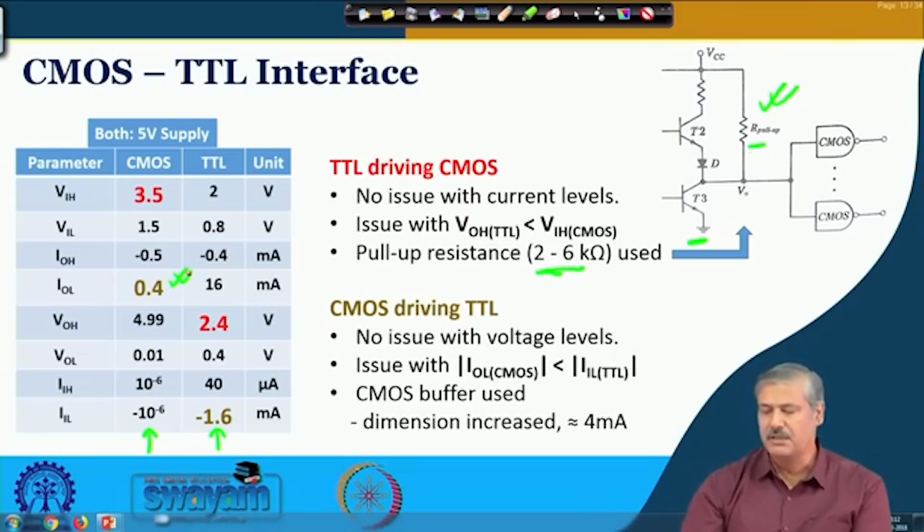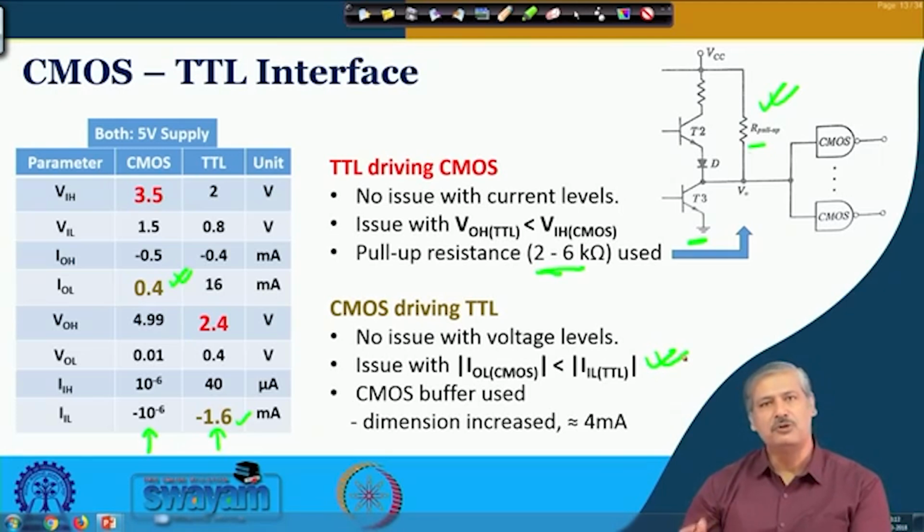It is sinking, so that is why it is told positive. And IIL, when the input is at logic low, the current coming out of the input transistor of the TTL is minus 1.6 milliampere. So this is much more, and if you just connect it, this is going to give a problem.